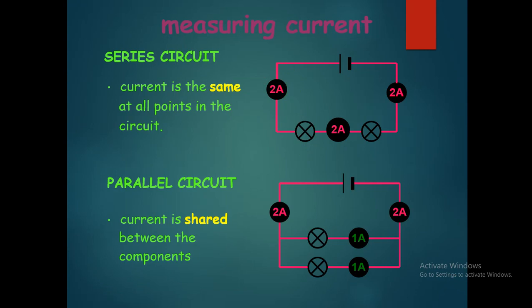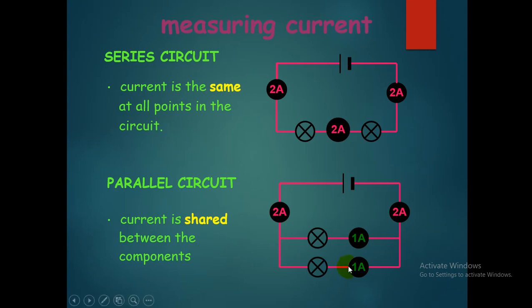Parallel circuit means, here also the same thing, look at this. This is 2 amp that is supplied by the battery. And here also 2 amp is getting back to the battery. And here the two bulbs are connected. These two bulbs are identical and have the same ratings.